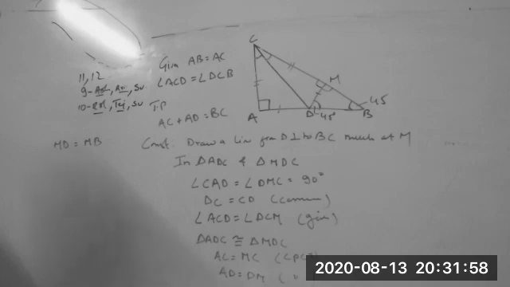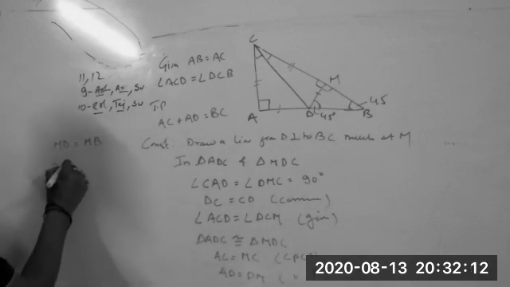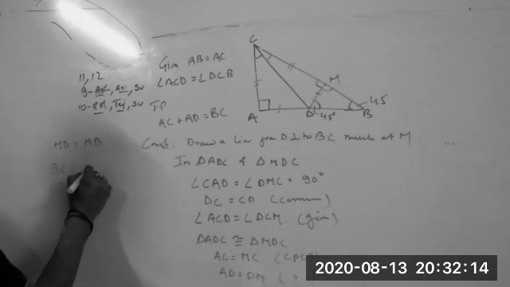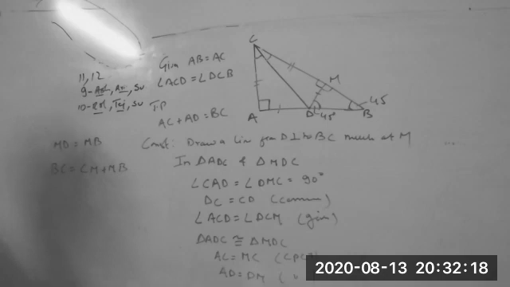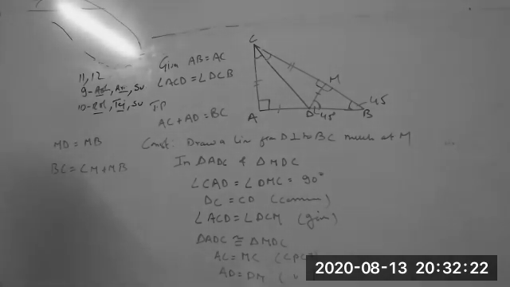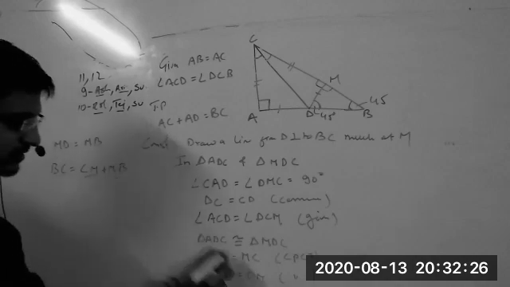Yes, sir. Okay. Till now, anyone has any problem? No, sir. Okay. Now, BC, how can you write? BC is equal to CM plus MB. Now CM is what?